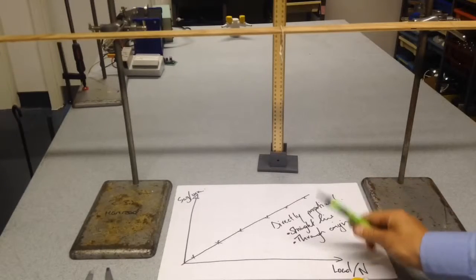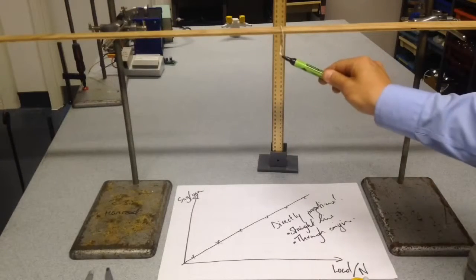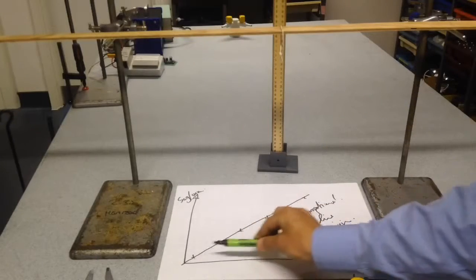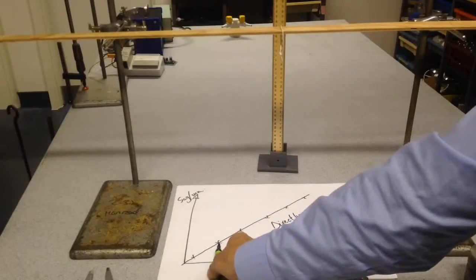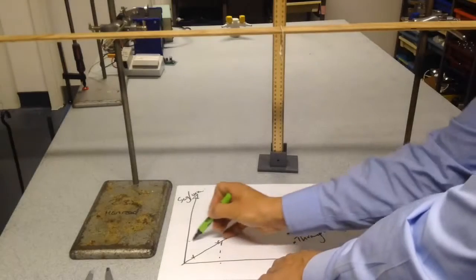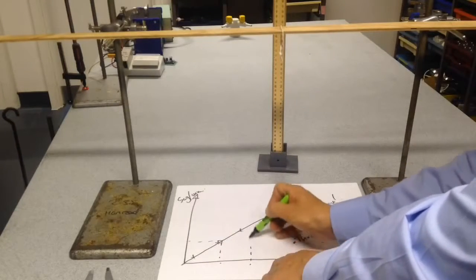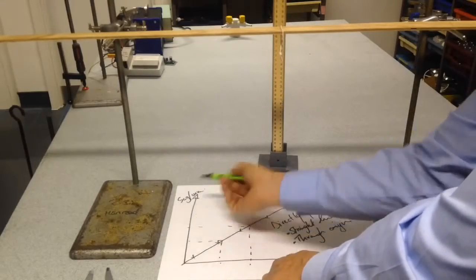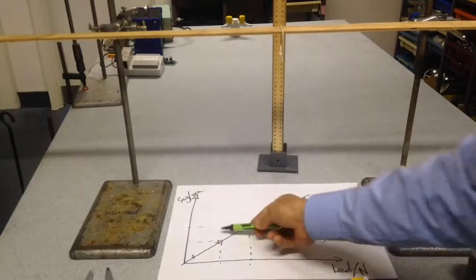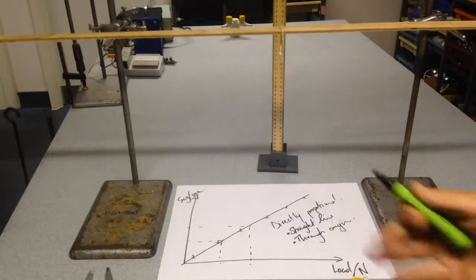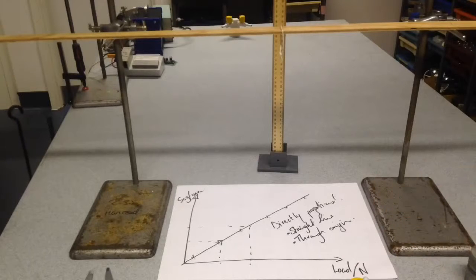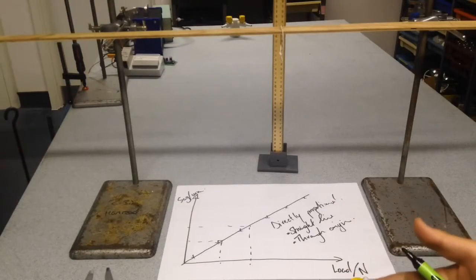It means, in effect, if I doubled the load, so as I took a load which gave me a sag, if I were to double that load, my sag would be double. So plot the points and see what you come out with. And then I will, in another video, look at our ways of analyzing this, because there are 3 ways we're going to analyze it.